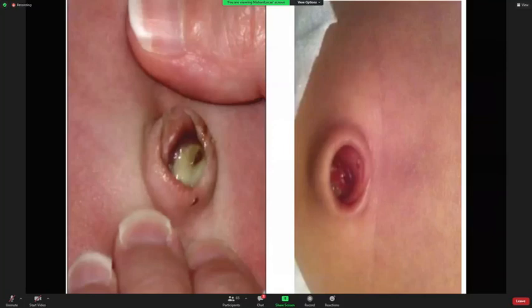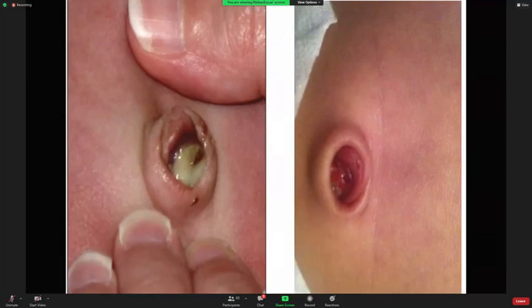Let's look at some more pictures. Gayani Vijayasinghe, what do you think about these two? On the first picture, madam, there's a discharge coming out of the umbilicus. What color discharge is it?